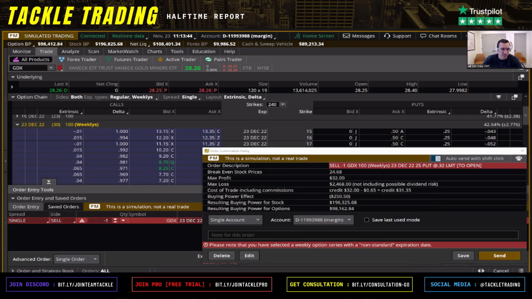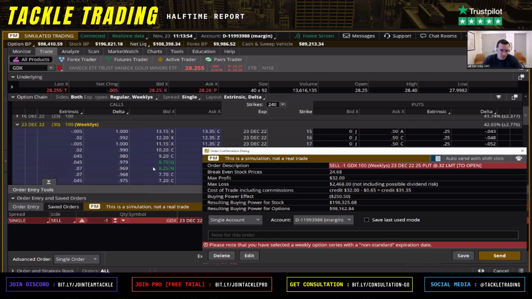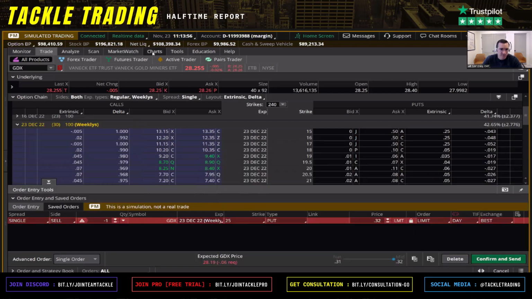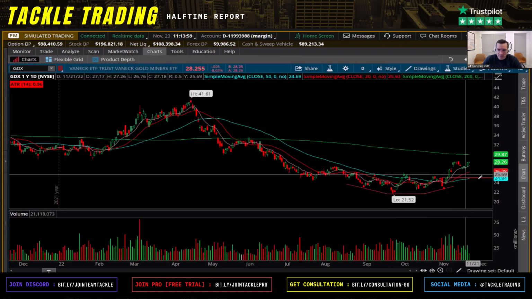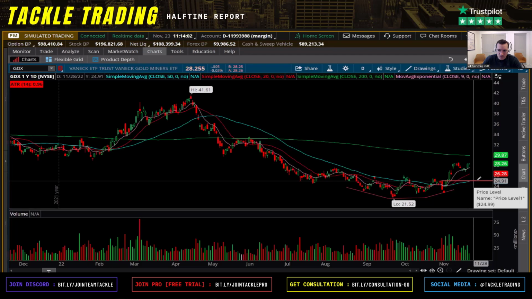Well, if I make 32 bucks on 250, that's almost a 13% return by naked put standards. That's really good. I'll make a 12.5% return on my money by being willing to buy GDX if it goes down to 25 by Christmas. Seems like a win-win to me.